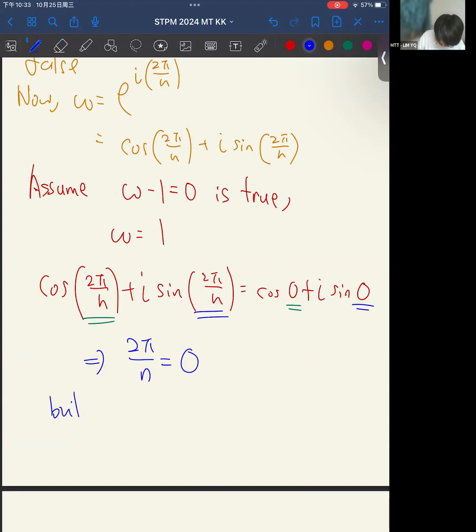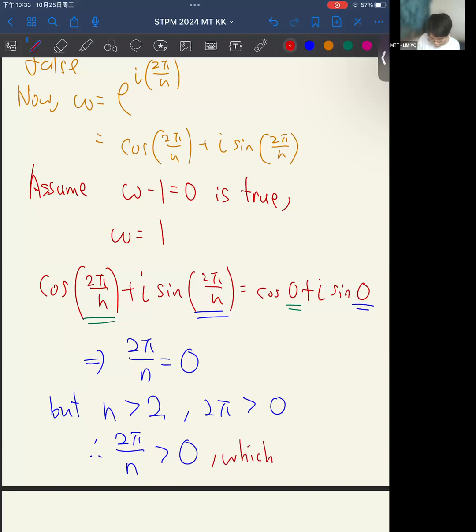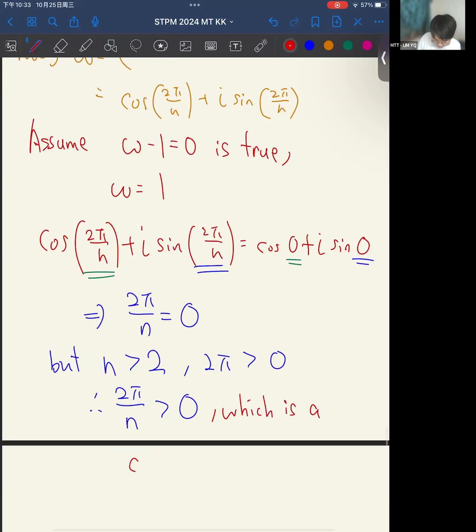But n is greater than 2, and 2π is also greater than 0. So when a positive number is divided by a positive number, it will still be a positive number. However, our statement here says it is equal to 0, which is a contradiction.